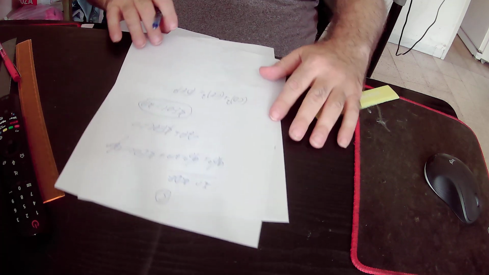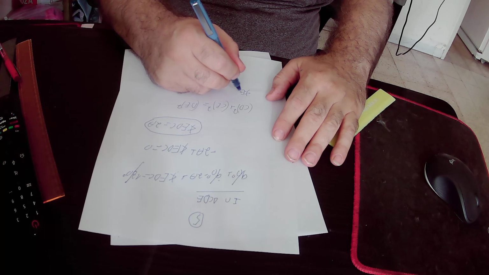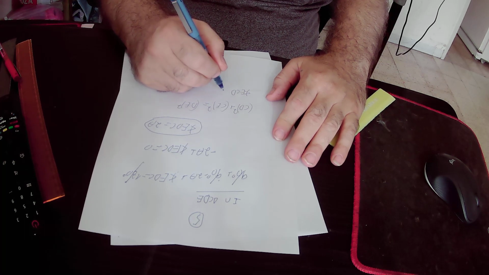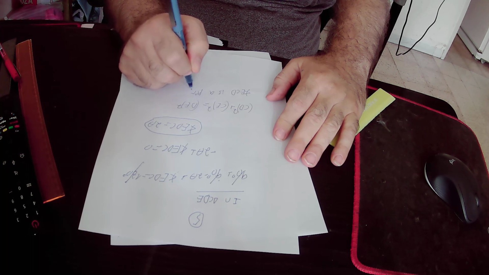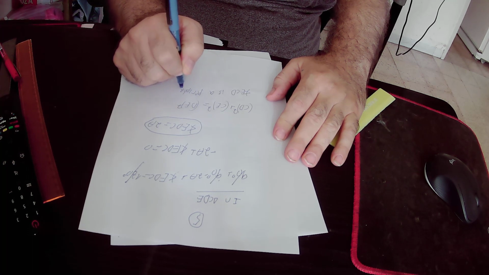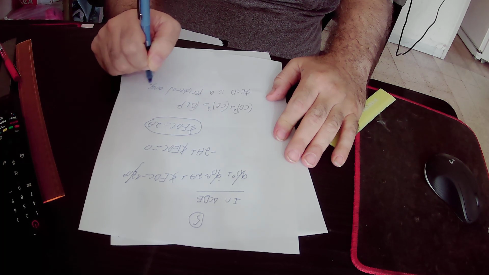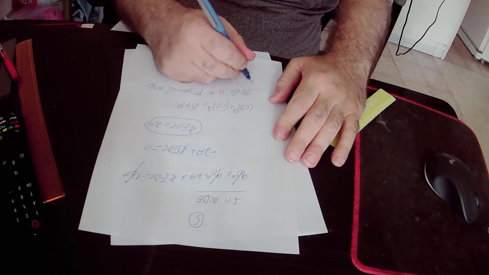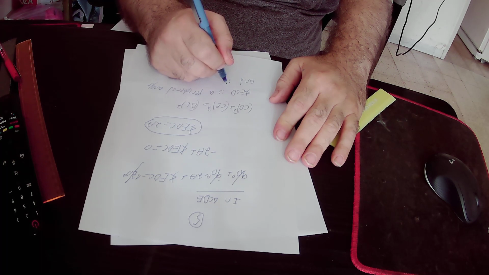Angle ECD is a peripheral angle and it is equal to 90 degrees.